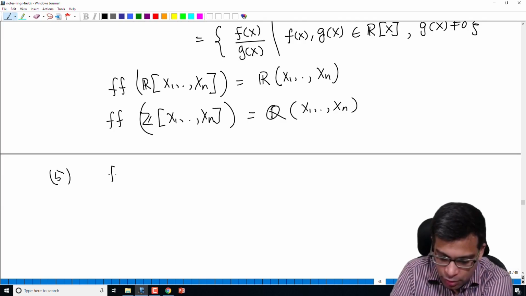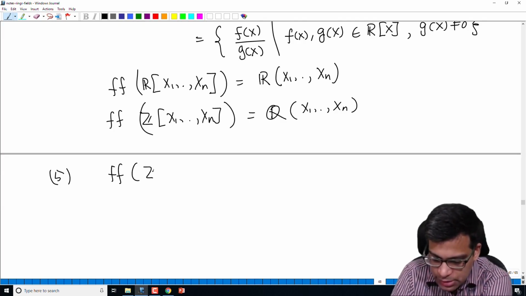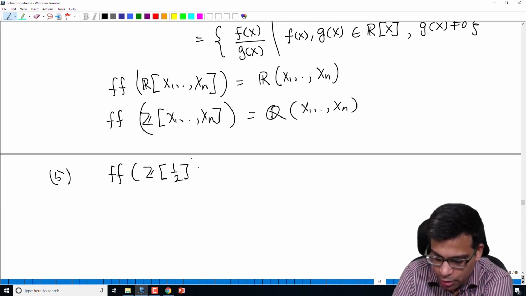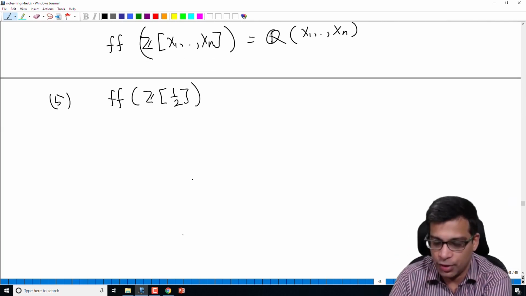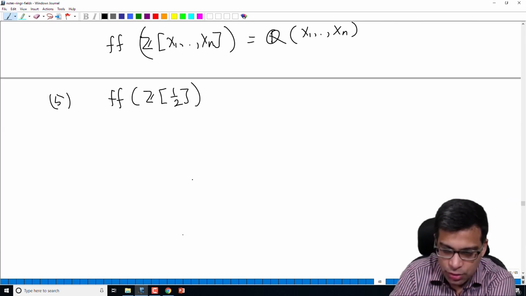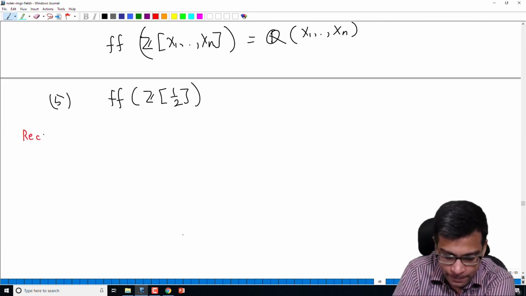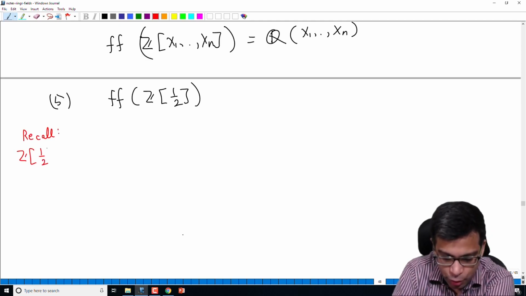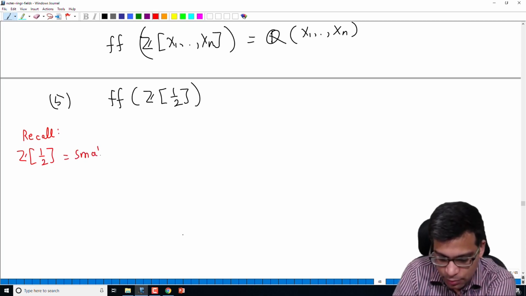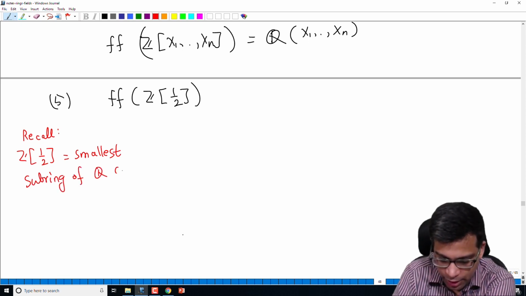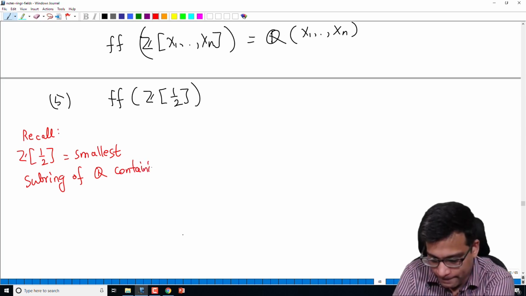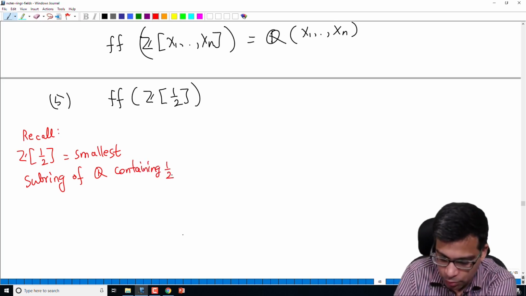One more example. What is the fraction field of Z adjoined 1/2? Remember Z adjoined 1/2 from one of the beginning videos in this course. So recall, Z adjoined 1/2 is the smallest subring of Q containing 1/2.